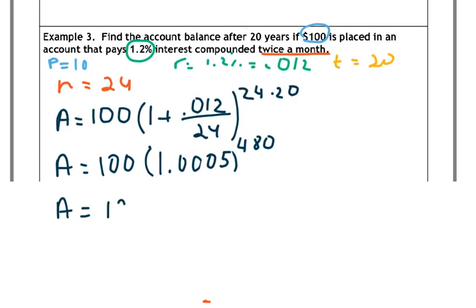Once you do that, it's going to come out to be $127.12. So this is how much money you're going to get investing $100, and after 20 years you will have $127.12.